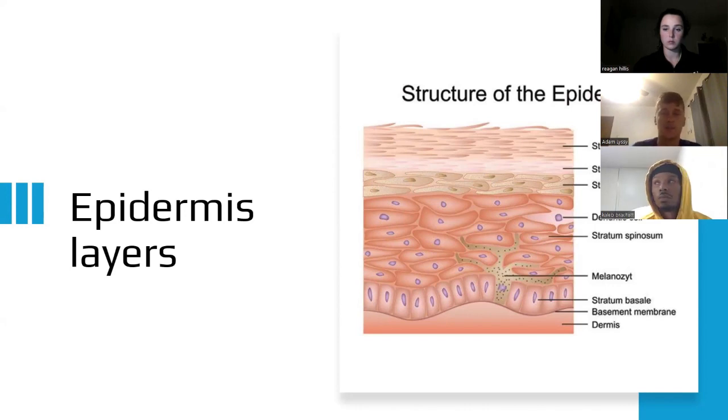You have the stratum spinosum, which are keratinocytes that have nuclei and are attached to each other by spines, hence the name. And then you have the stratum basale, which is a single layer of keratinocytes that contain melanocytes that produce a dark pigment called melanin, and that's where your skin color comes from. They also have tactile cells to sense pressure.